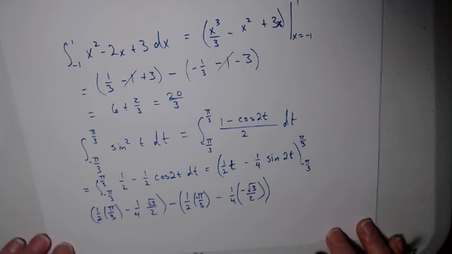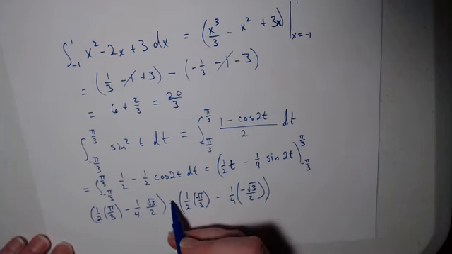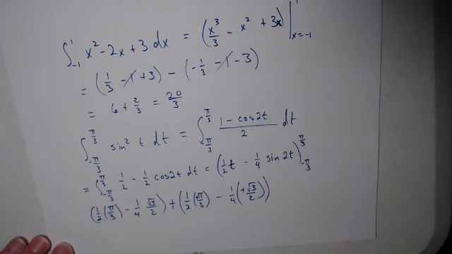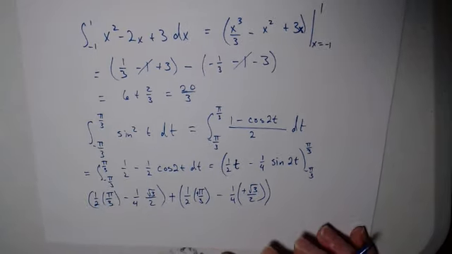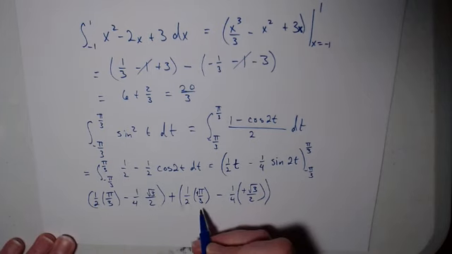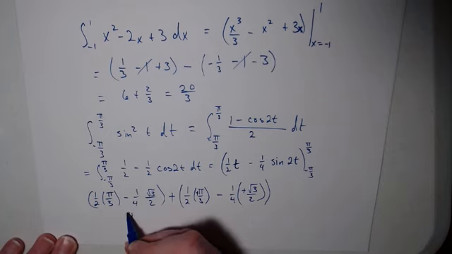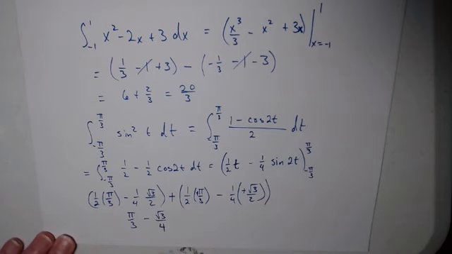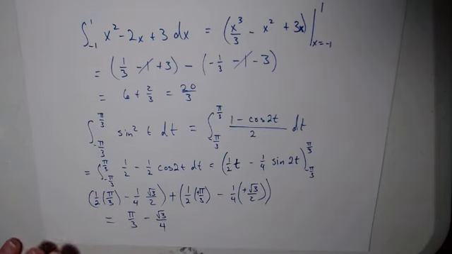So what this is going to do is it's actually going to negate this sign. These can be pluses, and then that can be a plus. And I actually get a doubling effect. I think we're going to talk about that in a future section, so I won't make too big of a deal out of that. But I get 2 pi over 6, so pi over 3, and then minus root 3 over 4. And that's the answer.